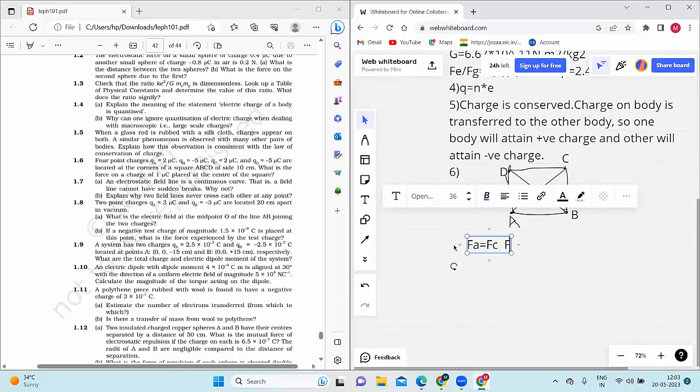The distances ED and EB are also equal, as the diagonals of a square bisect each other. So the force due to charge D equals the force due to charge B. So the net force on the charge will be 0.